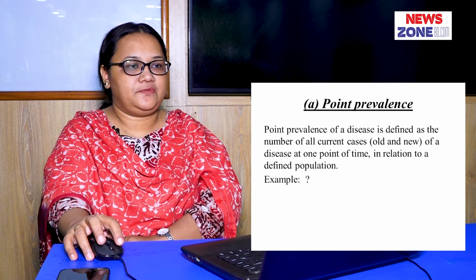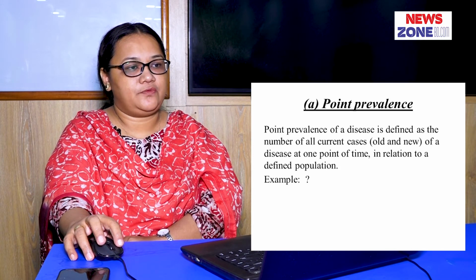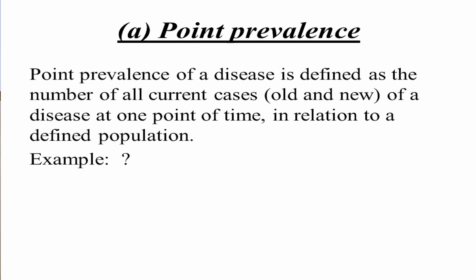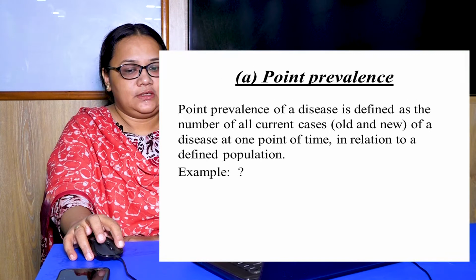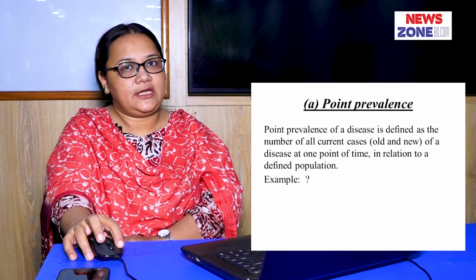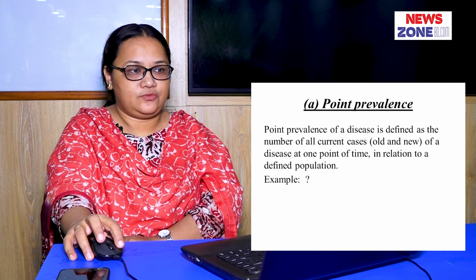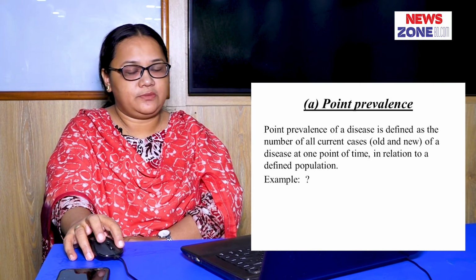Point prevalence of a disease is defined as the number of all current cases of a disease at one point of time in relation to a defined population. Such as in the present situation, if we calculate the total cases of COVID-19 patients, including old cases and new cases at one point of time, this is called point prevalence.